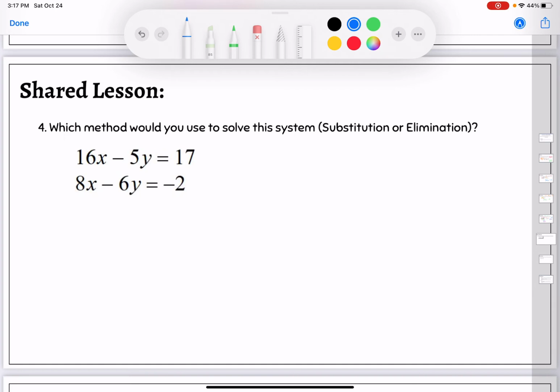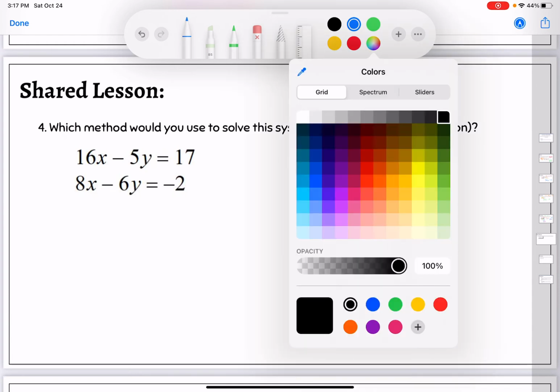I also noticed that if I move the 16x on the top and then divide it by negative 5, I would get fractions, negative 16 over negative 5. Ugh. If I move the 8x on the bottom and then divide by negative 6, fractions, right? So this one is definitely elimination.